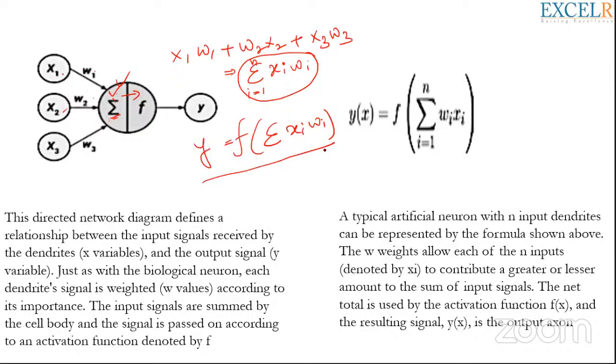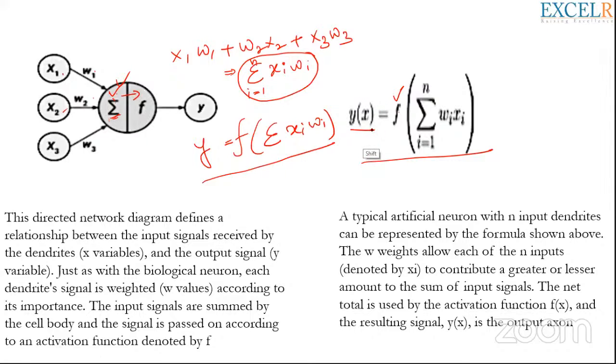So this is how we can summarize whatever the neuron is doing. The activation function processes the accumulated signals that we have received at the neuron, and then we get the output. This is how the neuron maps the input signals to the output signals.